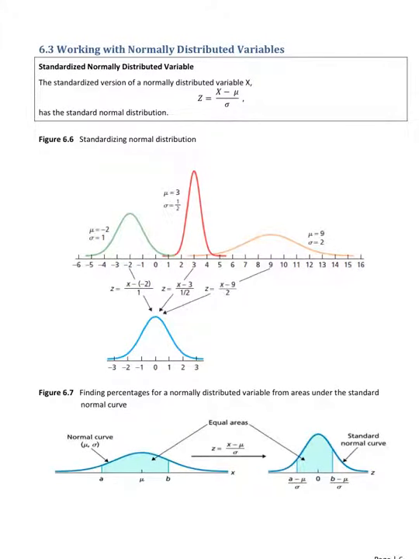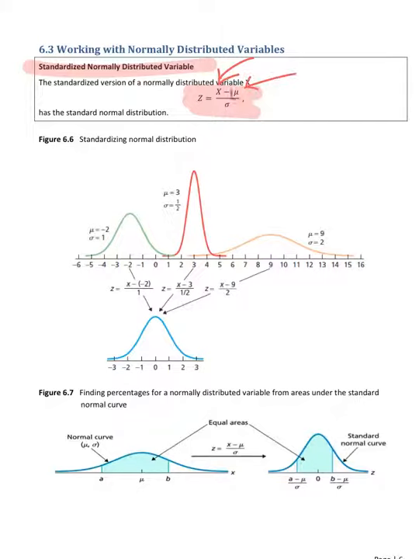We can standardize any kind of normal distribution, any mean, any standard deviation. In this way, we can standardize the normal distribution. Now the x is any kind of normal distribution value minus the mu. Who was the mu?